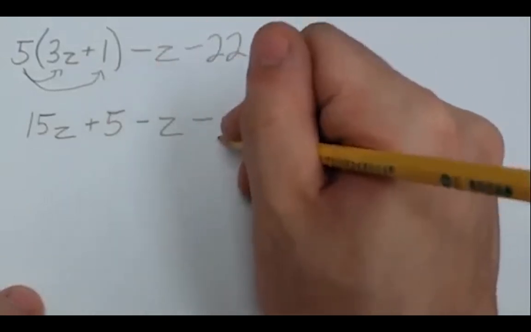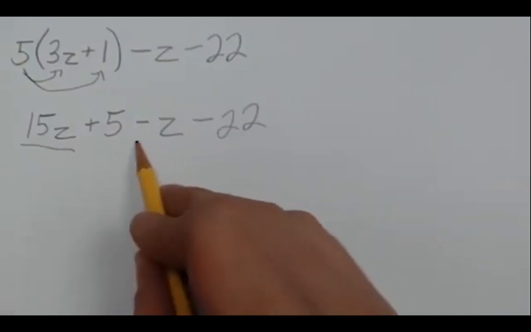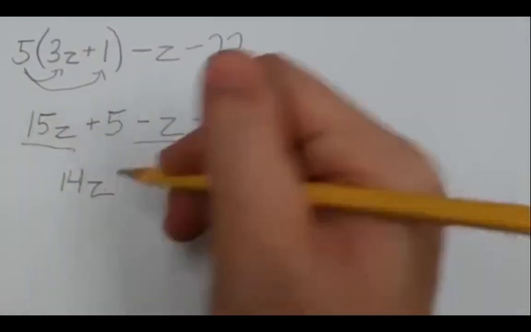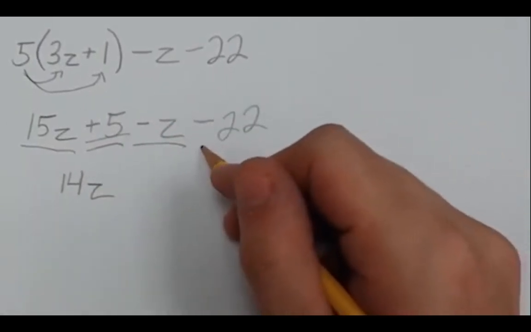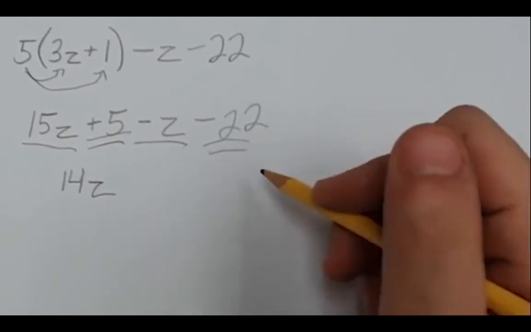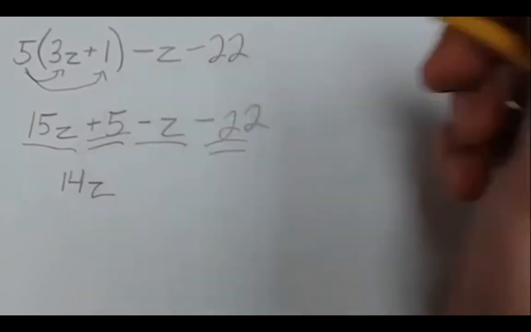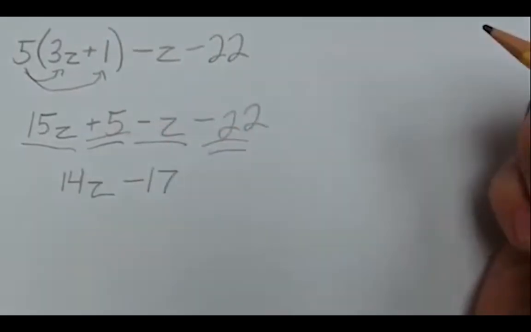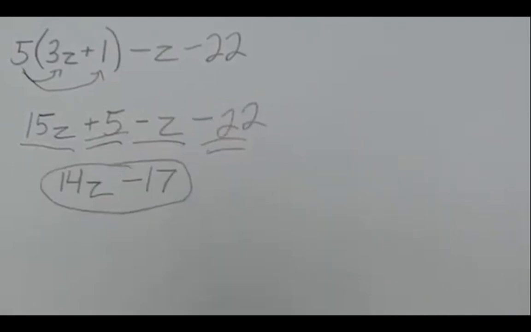Minus z minus 22. 15z minus 1z is positive 14z. Positive 5 minus 22 is -17. So 14z minus 17 is the answer.